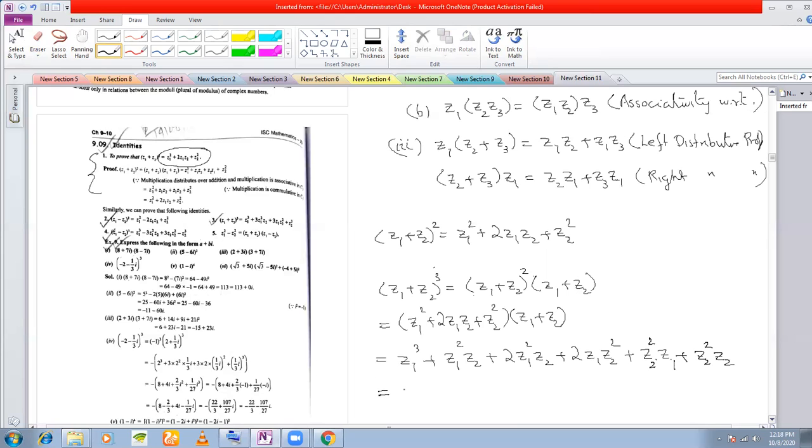Okay, so this one is Z1 cube plus, now see, Z1 square Z2 and twice Z1 square Z2 combine to become thrice Z1 square Z2. And here I have Z1 Z2 square and I have Z2 square Z1. Since multiplication of complex numbers is commutative, I can write this as twice Z2 square Z1, plus Z2 cube. Z2 square into Z2 can be written as Z2 cube.